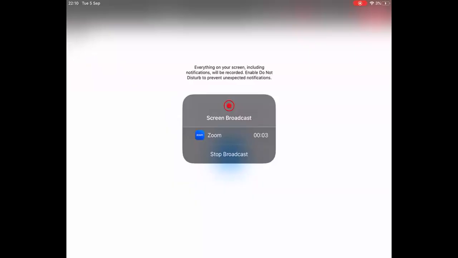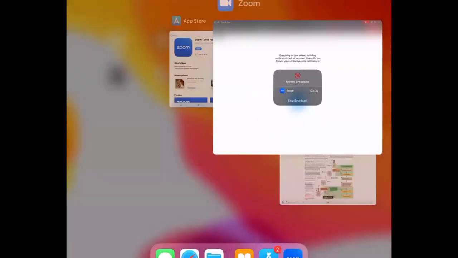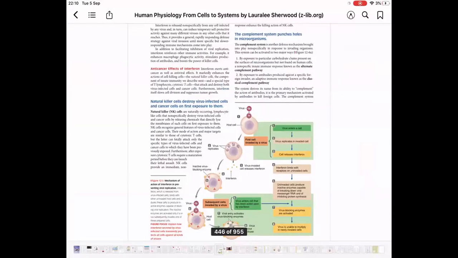Share screen is the option. Can you see my screen? You're seeing the Zoom window, right?